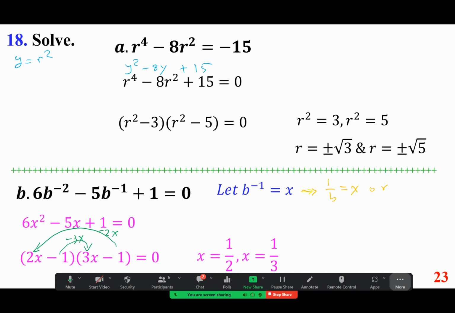Either way is fine. So this is what we want, because then b is the reciprocal of x. That's the meaning of 1 over b. So what is the reciprocal of 1/2? 2. What is the reciprocal of 1/3? 3. And those are the answers we are looking for, b.